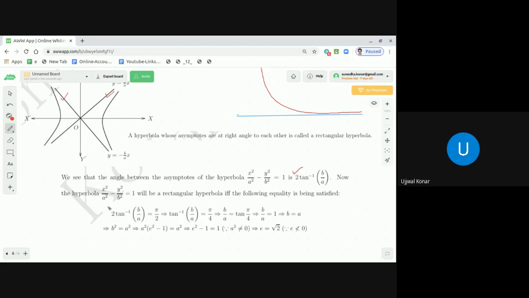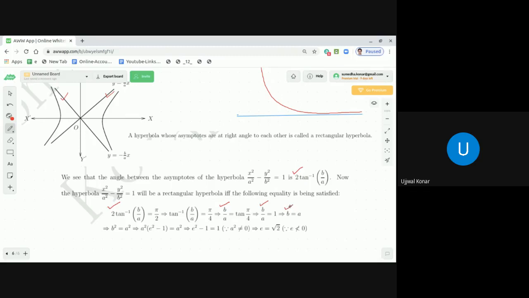So 2 tan inverse b by a is equal to pi by 2 is the necessary condition for a rectangular hyperbola, because the angle between its two asymptotes is 90 degree. So tan inverse of b by a is equal to pi by 4. Okay, that means b by a is equal to tan pi by 4. Eventually we get b by a is equal to 1, because we know the value of tan pi by 4 is 1, and we get b is equal to a.